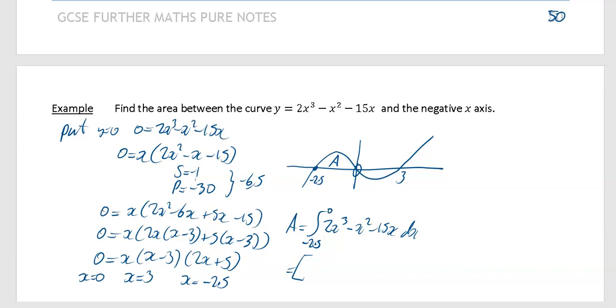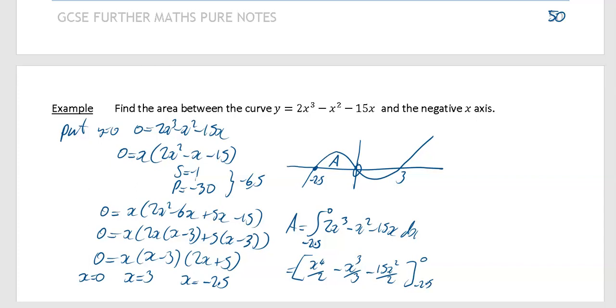Integrate 2x cubed, you're going to have 2x to the power 4 divided by 4, which is just going to be x to the power 4 divided by 2. Integrate the x squared, you're going to get x to the power 3 over 3. And integrate the 15x, you're going to get 15x squared over 2. And then you've got your 0 and your minus 2.5.